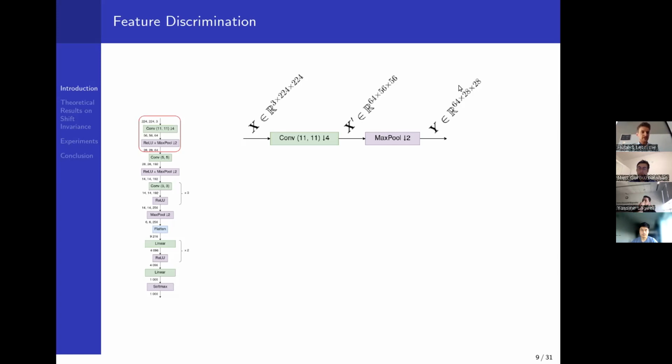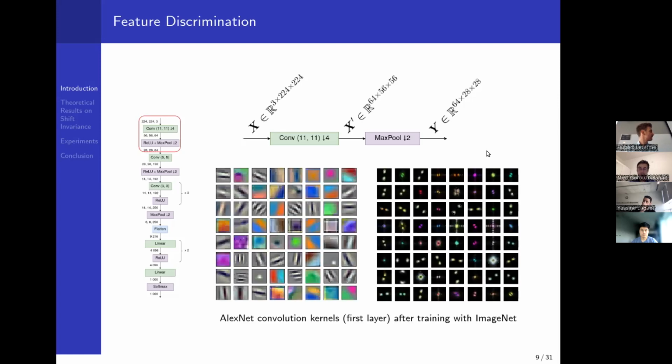When trained on ImageNet, that is 1 million images and 1,000 labels, we observe that many convolution kernels exhibit oscillating patterns with various scales and orientations, as you can see here. We have different scales, different orientations, and as such, they are closely related to Gabor filters. To the left, we have the filters in the spatial domain, and to the right, this is the power spectrum of the filters, so it's the energy of their Fourier transform.